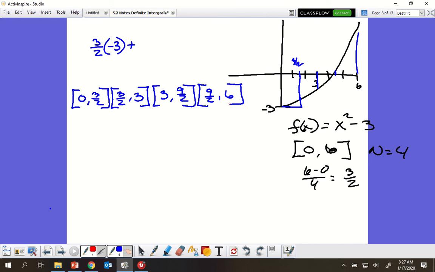Right? So in my left-hand alignment, my first one had to be at 0. My second one has to be at 3/2, right? So I need to know what f of 3/2 is.